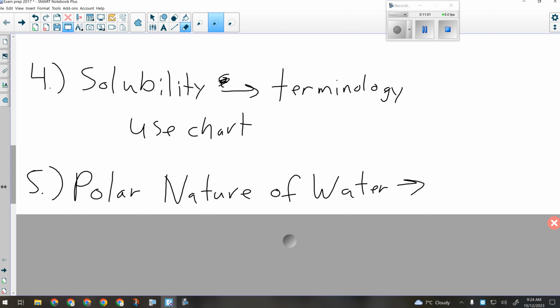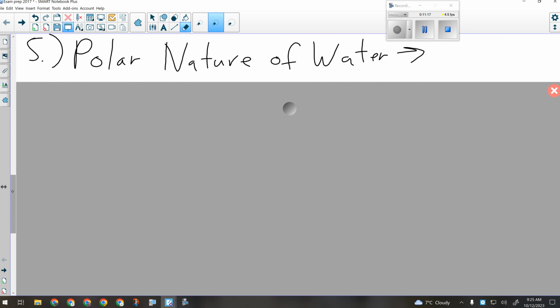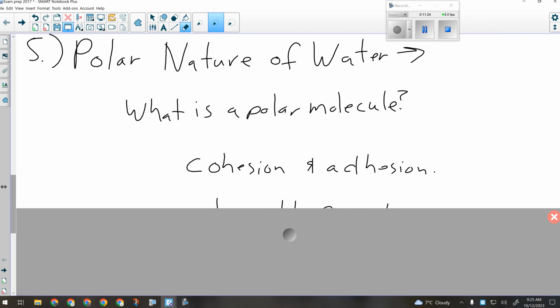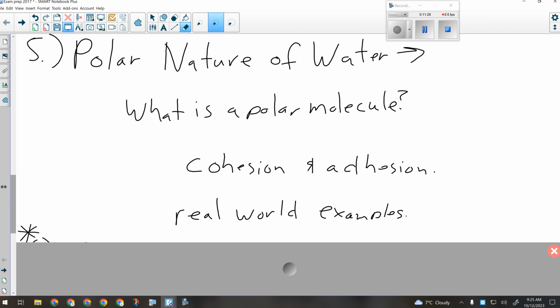So definitely be able to explain what a polar molecule is, what it can do, why, and maybe give me an example. That would likely be a 5-mark question, so that one would involve a bit of writing. So what is a polar molecule? Cohesion, adhesion, real world examples, hydrogen bonding we should probably also put in there.